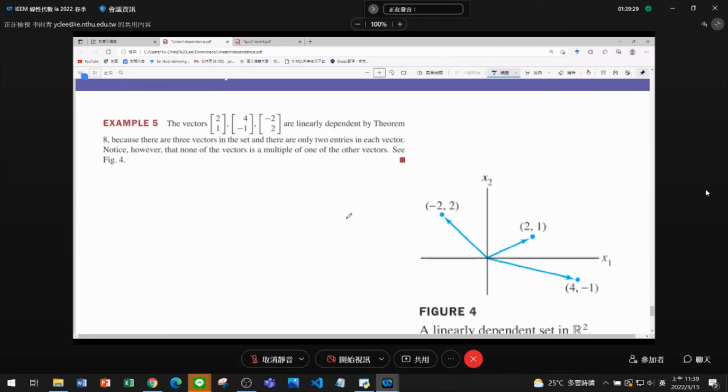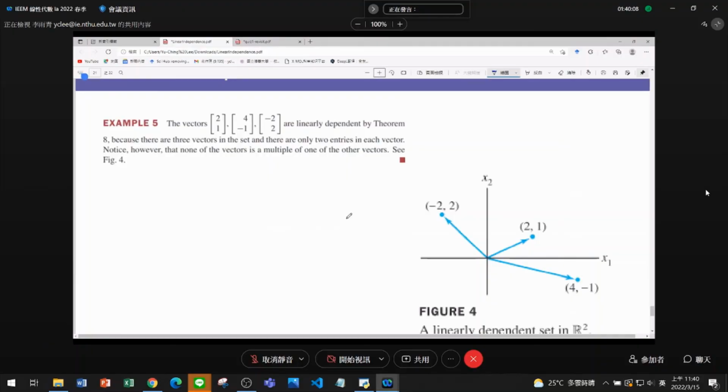In the next example, we are discussing a set containing three vectors. These three vectors are linearly dependent. We have 2, 1, 4, -1, and -2, 2. We found that we can obtain one of the vectors by a linear combination of the other two.